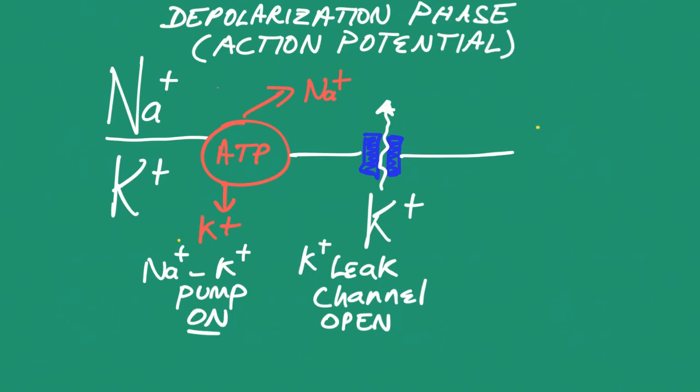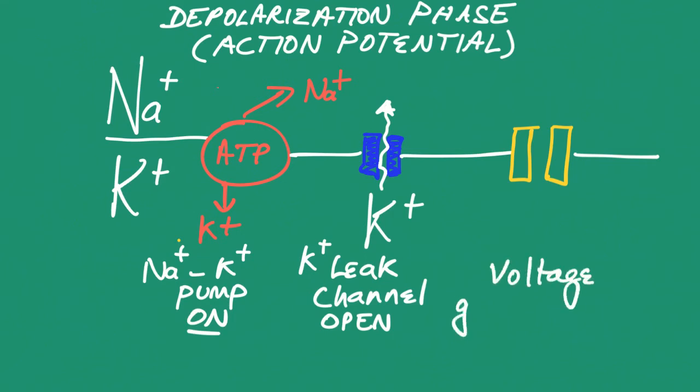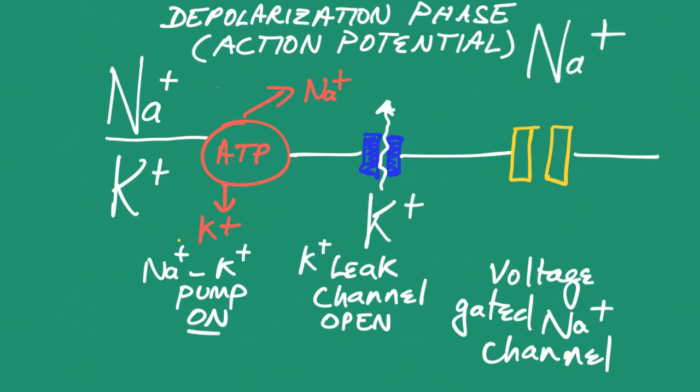The potassium leak channel that is shown in blue is also functional, allowing very small quantities of potassium to leave the cell. What we have here in yellow is the voltage-gated sodium channel, which triggers the depolarization phase of the action potential. During this phase, these channels are open and sodium rushes in, bringing positive charges into the cell and causing the depolarization. So our axon is now fully depolarized.